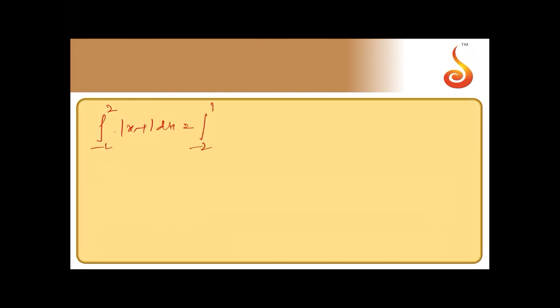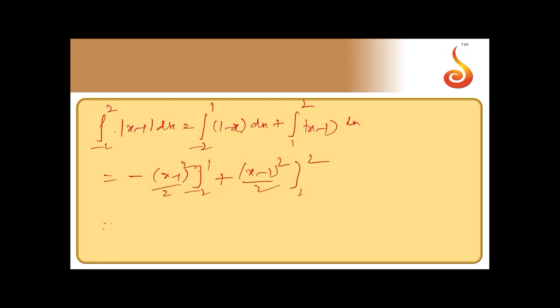Minus 2 to 1, where x is less than 1, this can be replaced by 1 minus x dx, plus integral 1 to 2 of x minus 1 dx. On integration, minus of x minus 1 whole square by 2, limits from minus 2 to 1, plus x minus 1 whole square by 2, from 1 to 2.